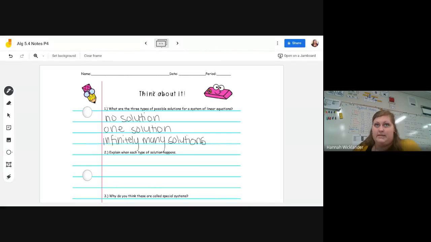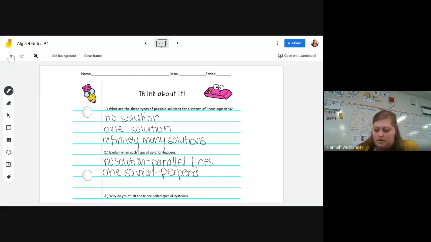So explain when each type of solution happens. No solution is if they're parallel lines. One solution is if they're perpendicular lines.